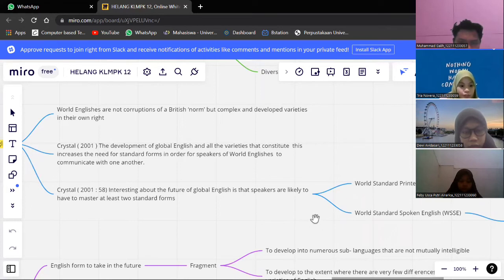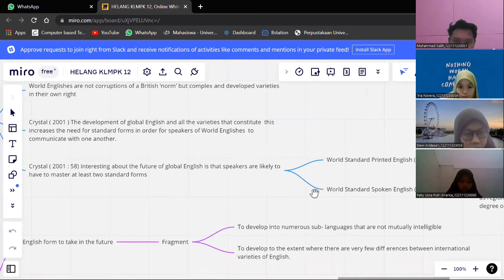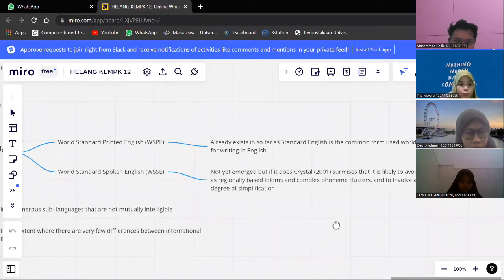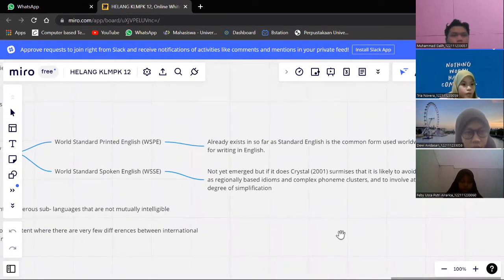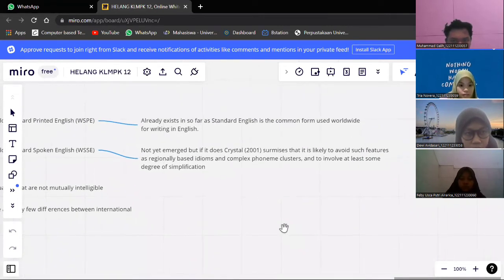According to Crystal, 2001, what is interesting about the future of global English is that speakers are likely to have to master at least two standard forms: World Standard Print English, or WSPE, and World Standard Spoken English, or WSSE. WSPE already exists, in so far as Standard English is the common form used worldwide for writing in English.